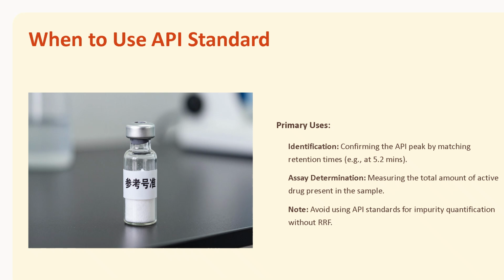This measures how much active drug is present in your sample. This is critical for potency testing. But there is one important caution. Avoid using API standards for impurity quantification unless relative response factor is properly applied, because impurities and APIs do not always respond equally.